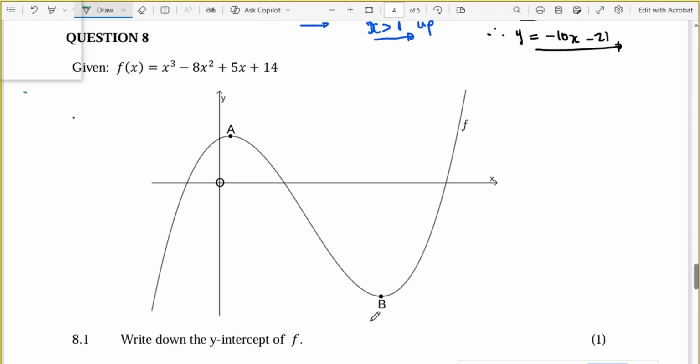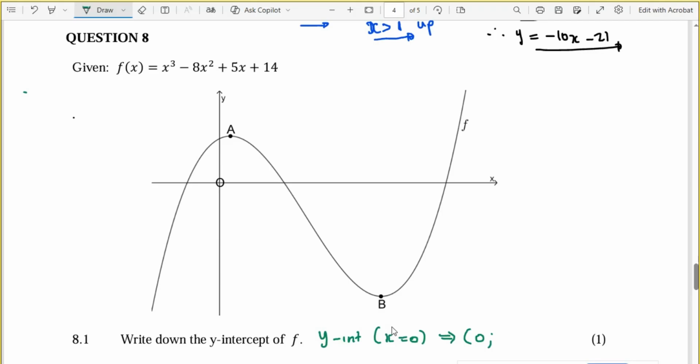Let me remind you something. The y-intercept, we find it if x is 0, and you don't have to do any calculation. Already we know that the x coordinate is 0. What is the y?